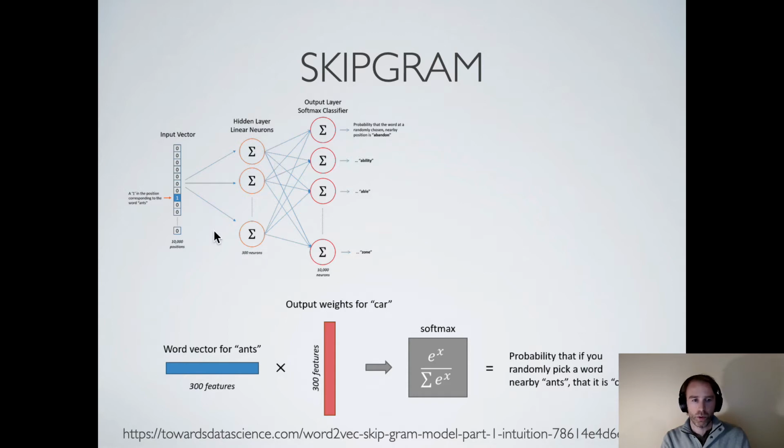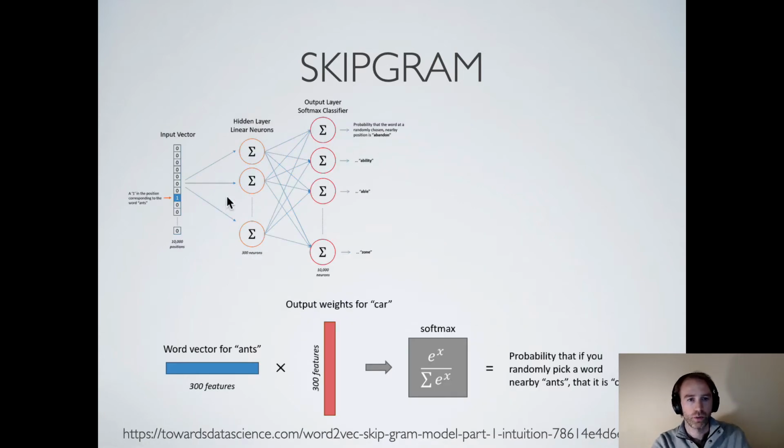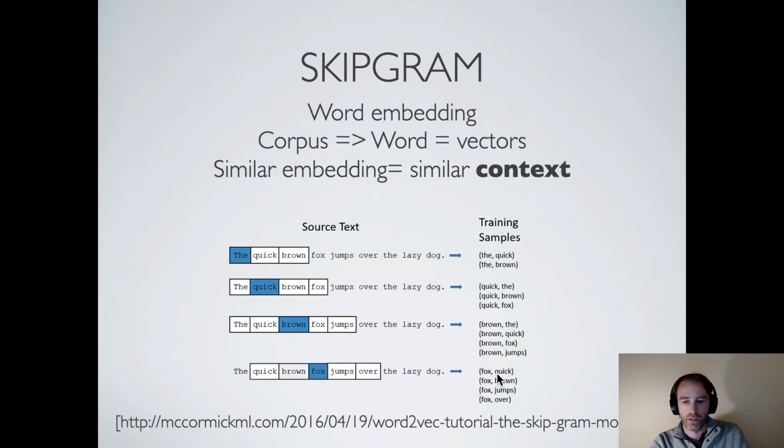You train the hidden layers of this neural network so that the output corresponds to the word in the context. If I take the previous example, I show "brown" as input, and I train my model so that it gives me as output "the". But we know that we won't have the right answer, because we put "brown" as an example and say the answer should be "the", and then we show another example with the same input "brown" where we want the answer to be "quick", and also "fox" and "jump".